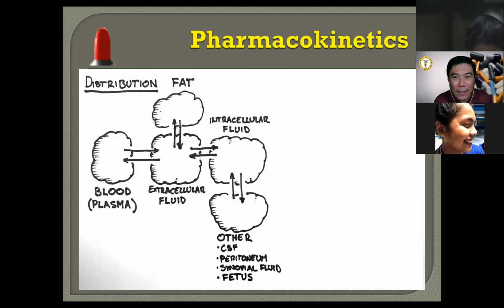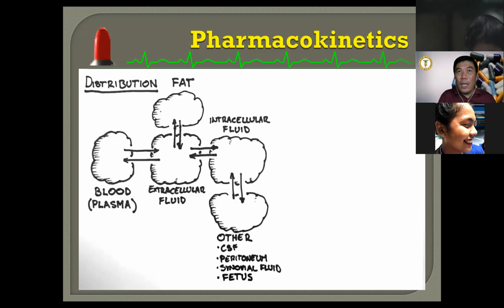Yes, I've heard it. Miss Karaig? Intracellular and extracellular. Thank you so much. Intracellular and extracellular. So meaning, with those two compartments, the cell has intracellular and the outside part is considered the extracellular fluid. And this also has electrolytes.